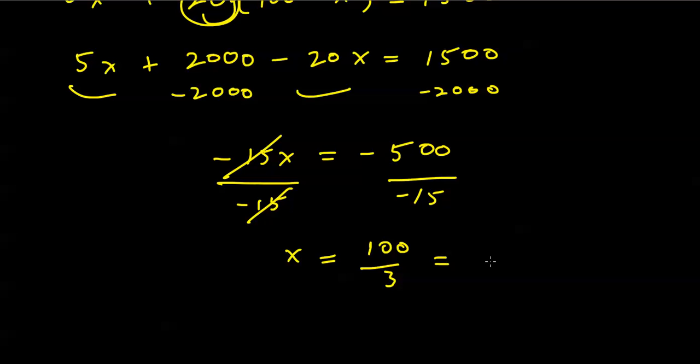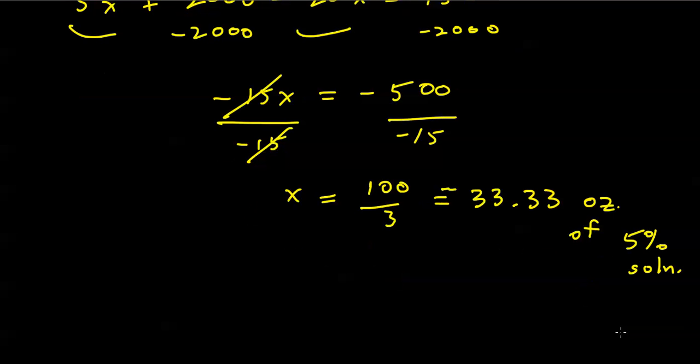And I'm going to go ahead and approximate this with a decimal. Our author does not. I'm going to say this is approximately 33.33 ounces. And remember, X is the 5% solution. Alright, so we've solved for X. Of course, we know that X plus Y must equal 100.